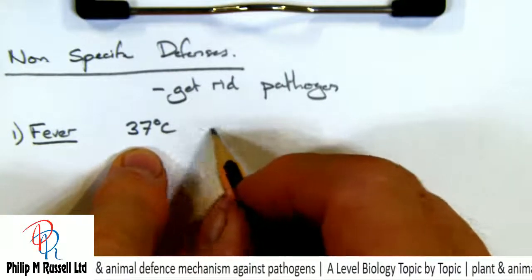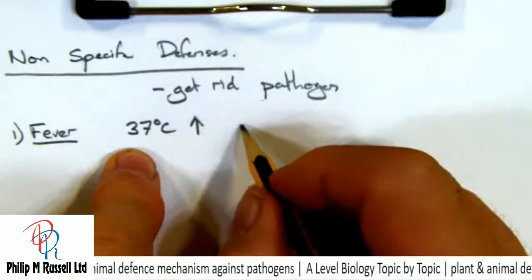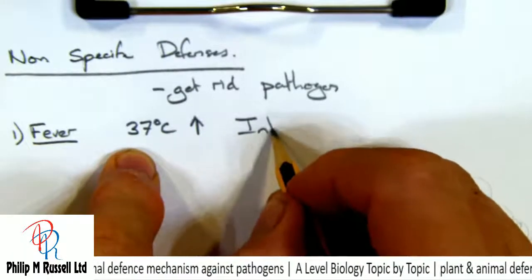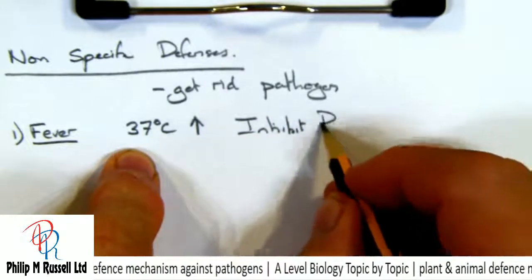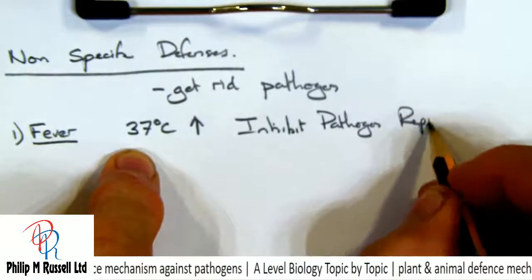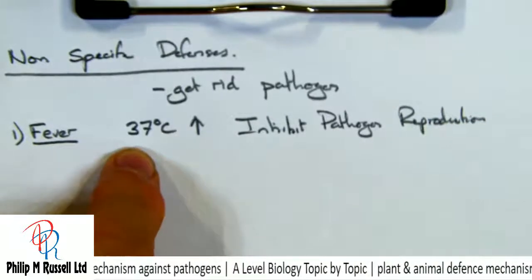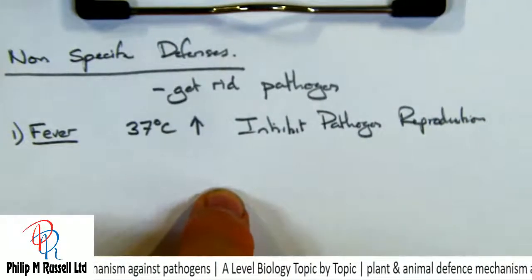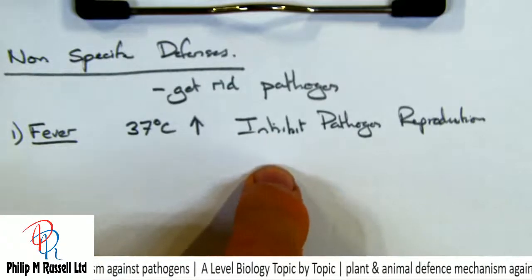So we make a fever, we take the temperature above 37, and this will inhibit the pathogen reproduction. In many cases it works quite well.